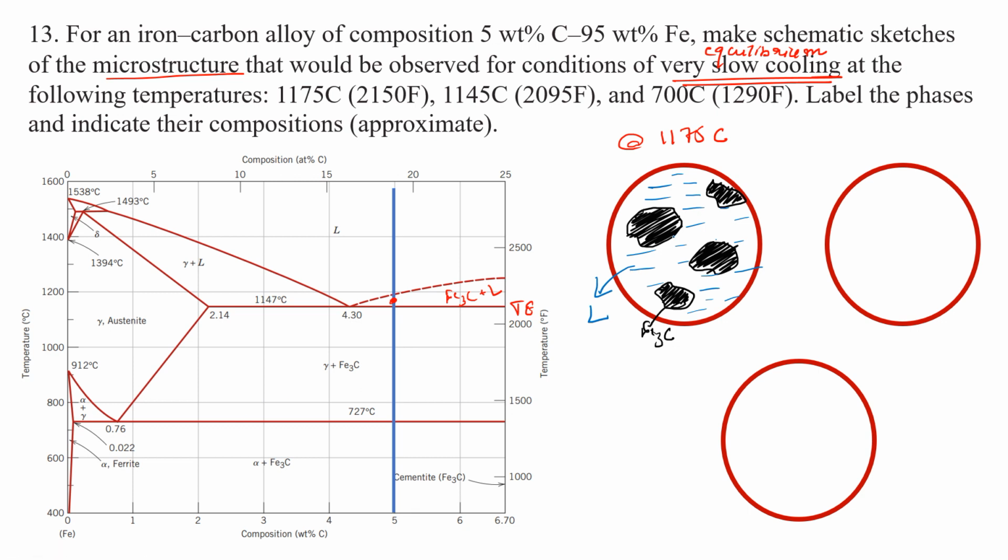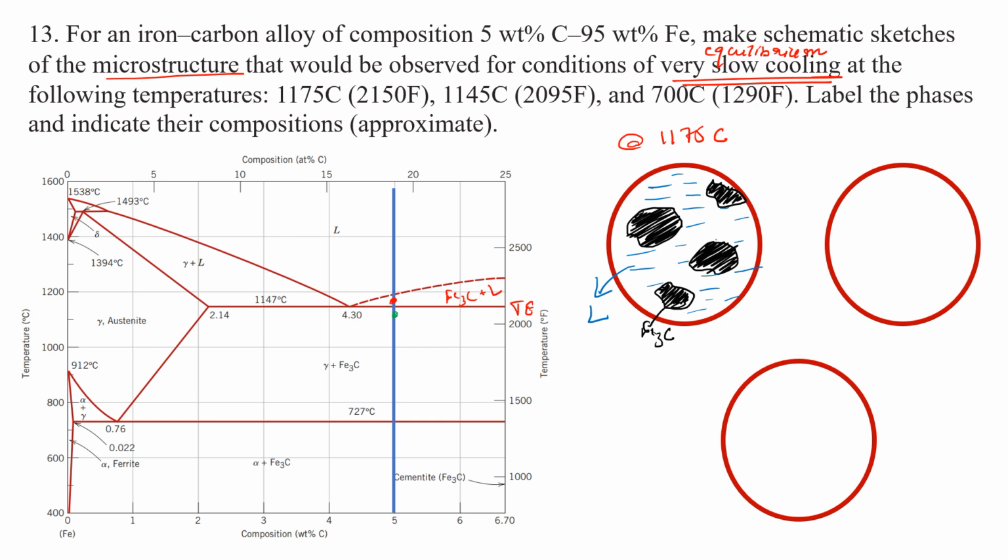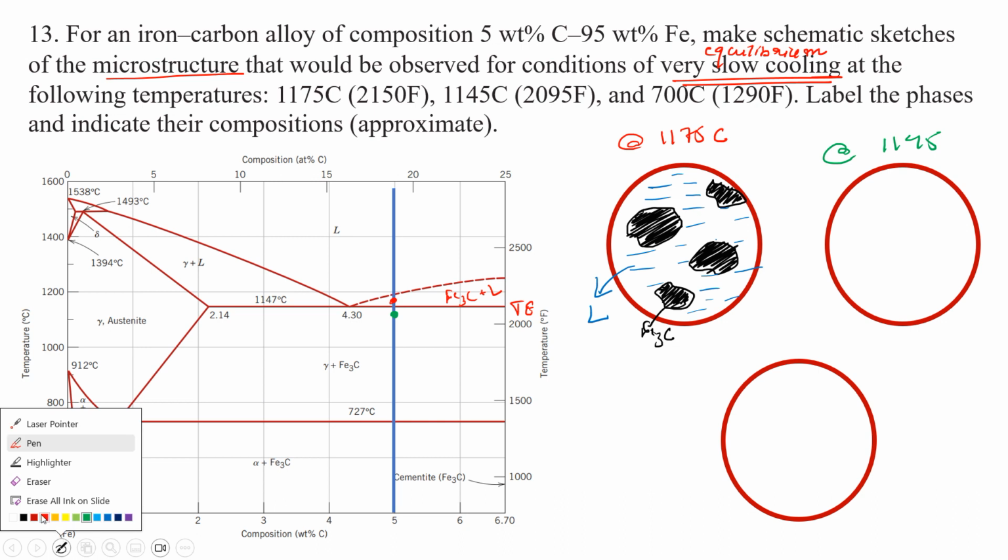Great. So 1145 is just below the eutectic temperature here. So we should have the condensed phases of gamma, not liquid, right?